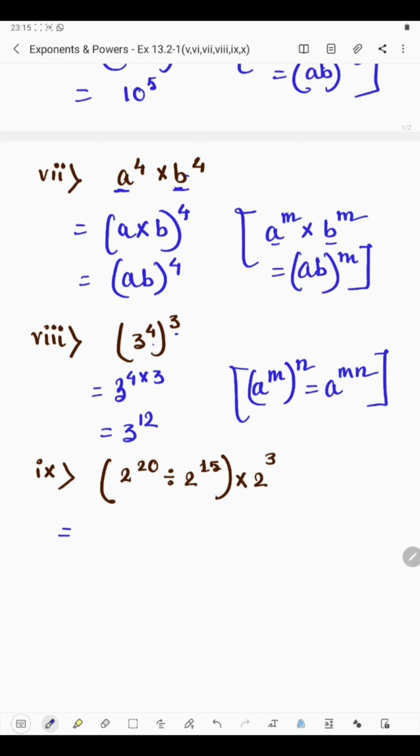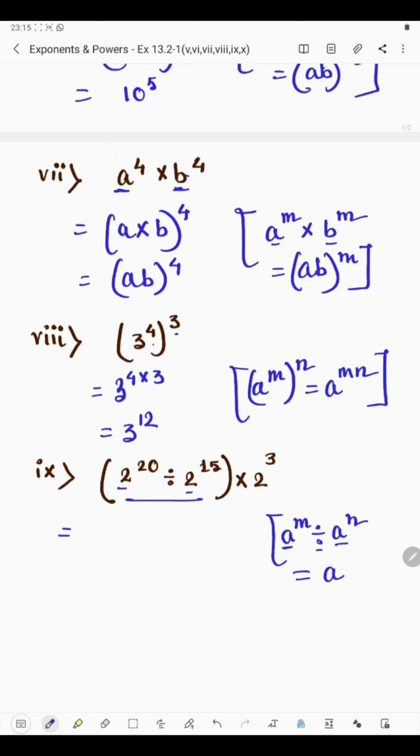Since bracket is there, we will have to do this at first, okay? Now here we have two base and this is same. Since we have same base and in between divide sign is there, then powers will be subtracted.